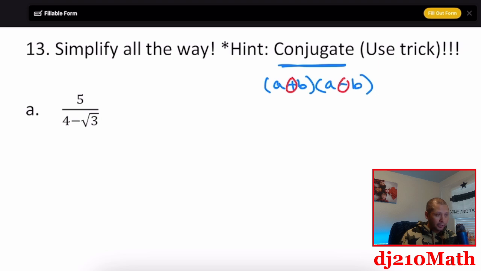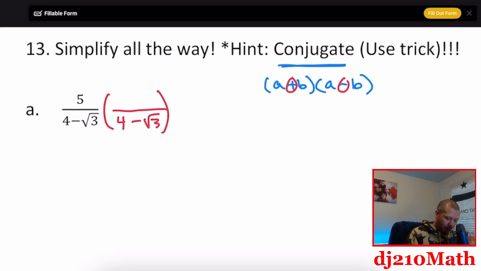All the conjugate is a changing of the sign, right? Because in the previous examples, when you have a square root in the bottom, you multiply top and bottom by whatever is in the denominator. Here, what's in the denominator? 4 minus root 3. So I'm not going to use 4 minus root 3.